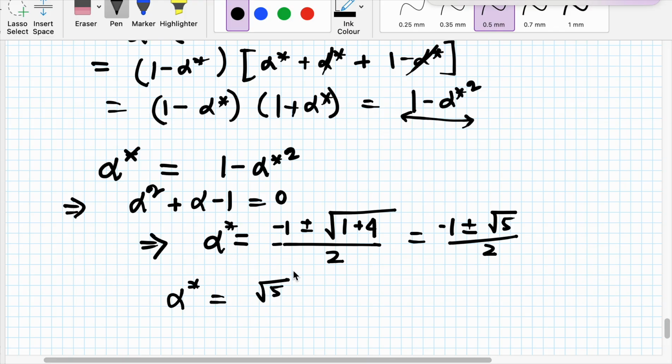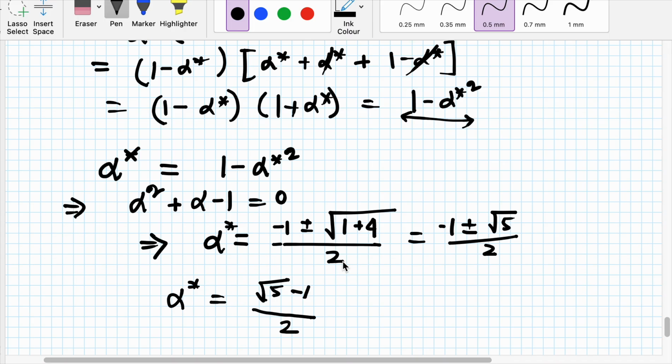So wait for a minute. That means the strategy corresponding to the sampling equilibrium is root 5 minus 1 by 2.